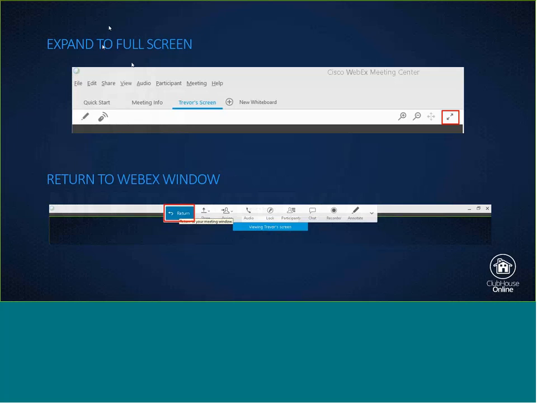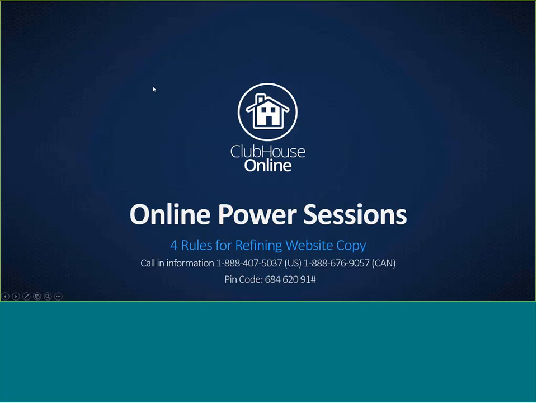All right, so today, as I mentioned, we are looking at 4 rules for refining website copy. When I was doing my website audits, there were some common things that I saw often that I feel a lot of clubs' websites are not taking advantage of or could be improved upon.